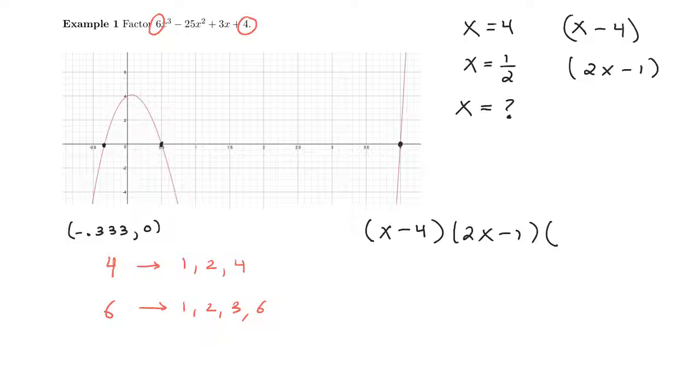But then, well, something else. There's got to be something times x plus or minus a number. So it's like you're trying to fill in the gaps. What goes here? What goes here? But like we've said before, the numbers in front of the x's have got to multiply to 6.